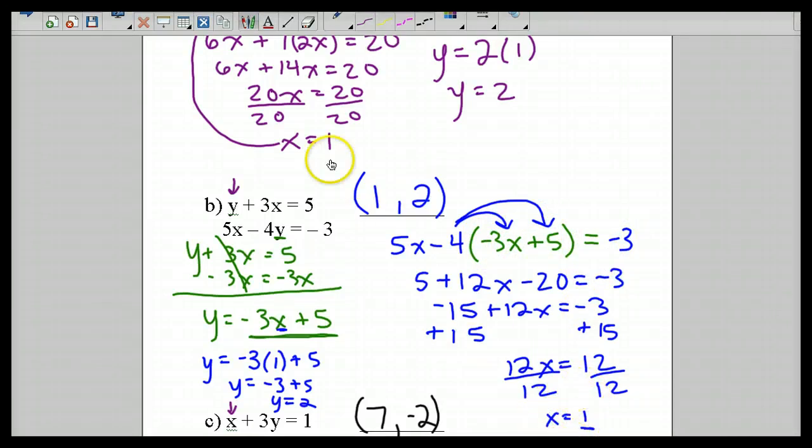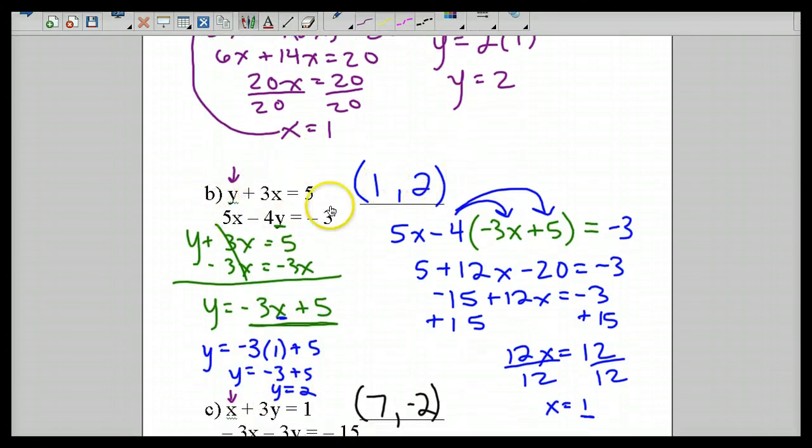Once you get x equals 1, up here, you substitute 1 in for x down here, which is just y equals negative 3 times 1 plus 5, and you get your y being 2. So if we were to graph these two lines, that is where these two lines right here would cross.